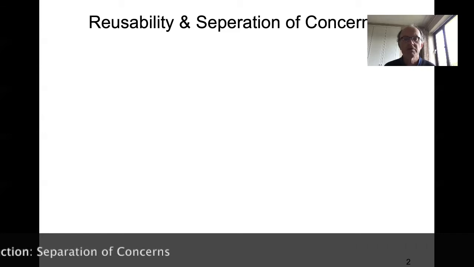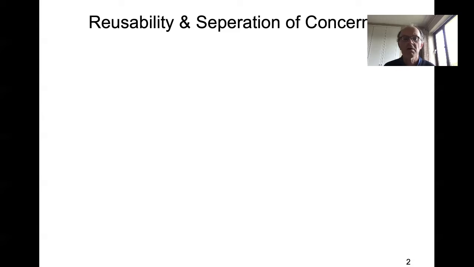Reusability may be within a particular project's code base, or you might develop particular classes, functions or modules that could be used in other projects. So the reusability is both internal and external, if you like. Separation of concerns is the idea that each unit within your implementation, whether a unit be a function, a component, or a class, has only one concern associated with it. These are the targets that we have.